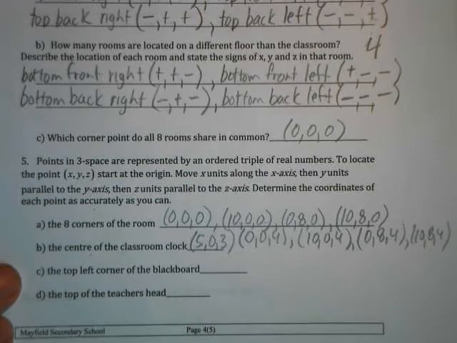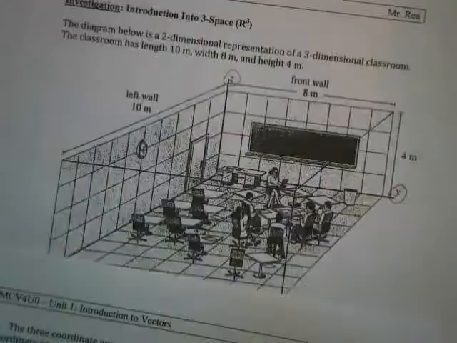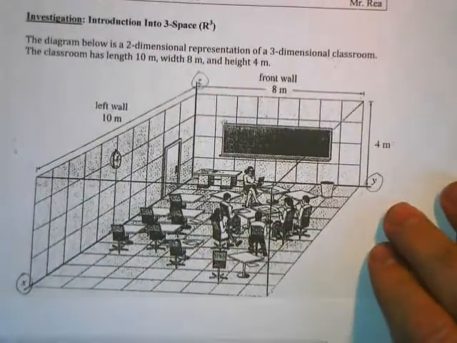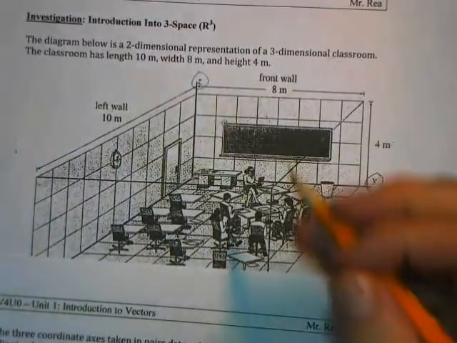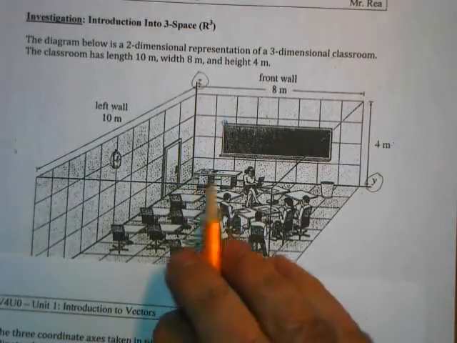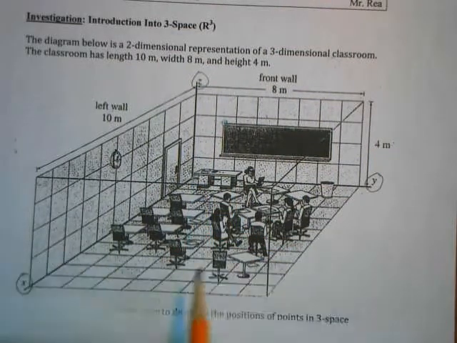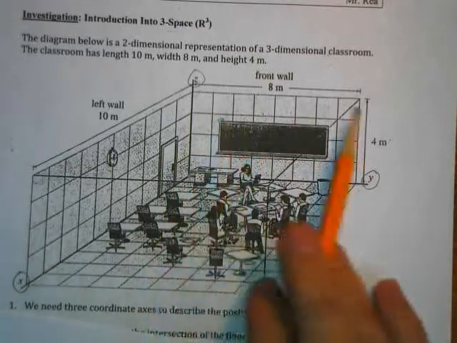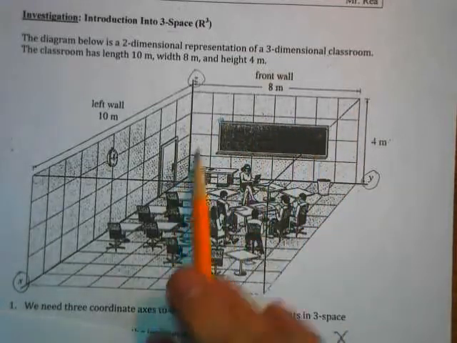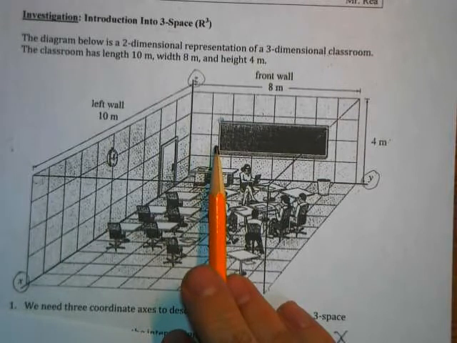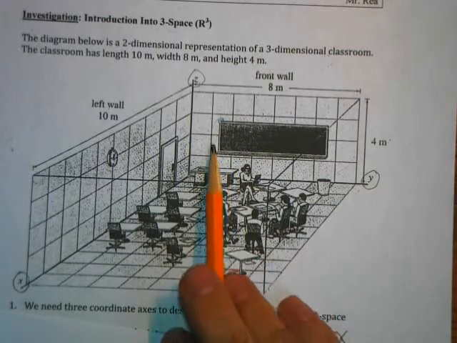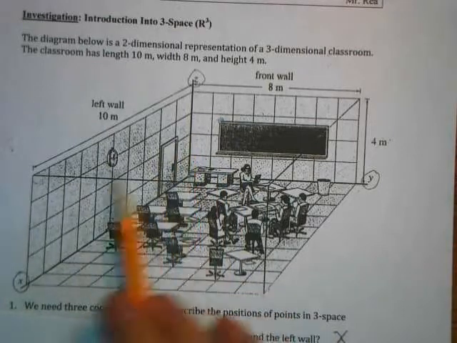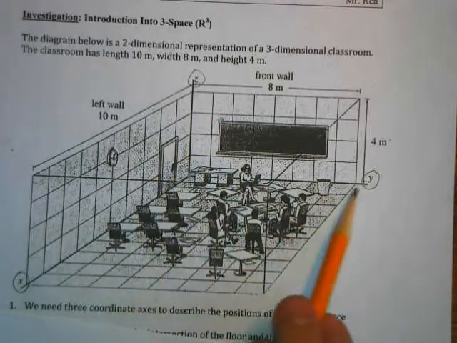The next one is the top left corner of the blackboard. So that would be this point right here. How can I put that point in terms of its coordinates? Always start with x. This time, how far is it from the front wall? Well, it's on the front wall. So in this case, the x coordinate is 0. The y coordinate would be the distance from the left wall because it's along this y-axis.